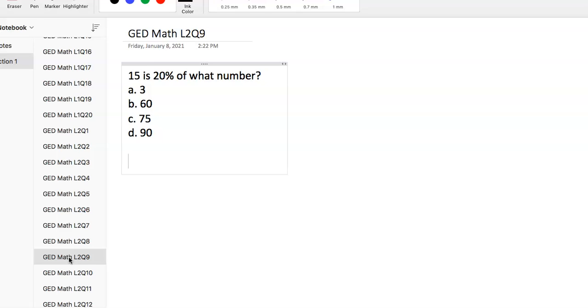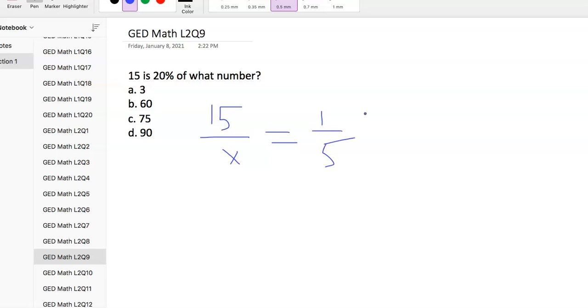Okay, question 9. It says 15 is 20% of what number? We need to set up a formula. They word it kind of tricky, but you will see wording like this. So it says 15 over something is 20%. They're going to have to make this a fraction for it to be a formula, and 20% equals 1/5.